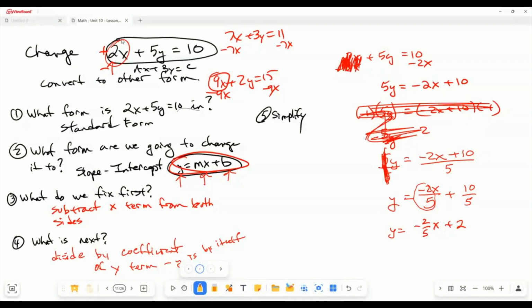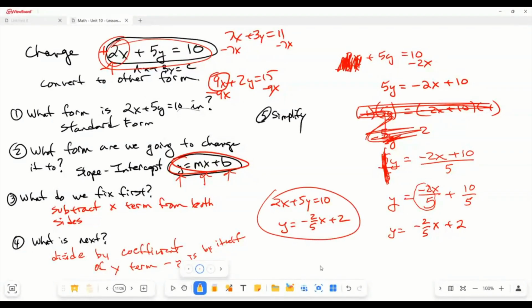So 2x plus 5y equals 10 is exactly the same thing as y equals negative 2/5 x plus 2. These are the same thing. The first one is in standard form. This one is in slope-intercept form.